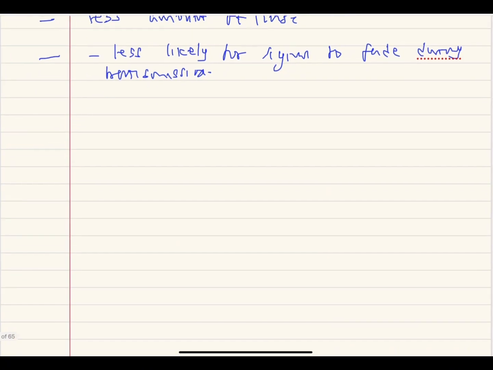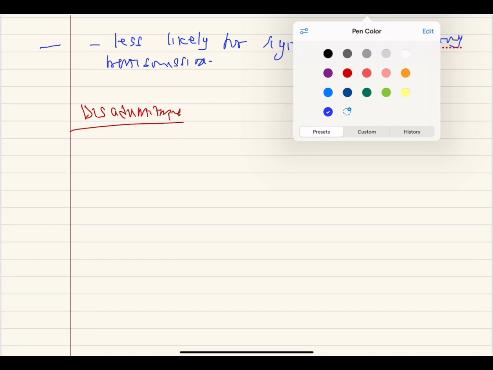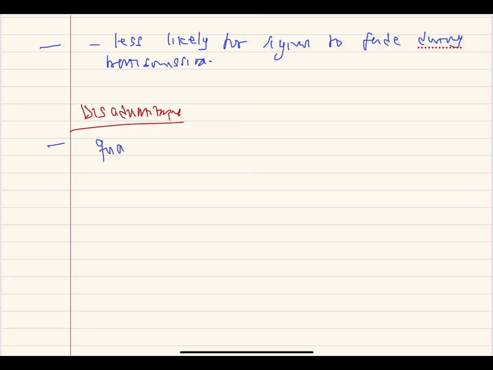Let's look at some few disadvantages. The first disadvantage that I will talk about is that the quality of the signal will be affected. We can help to prevent this by using a transmitter and receiver that have an excellent frequency stability.